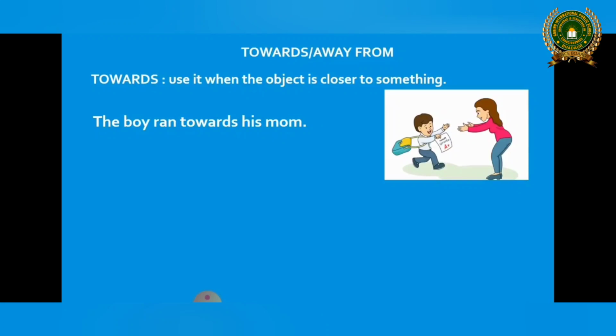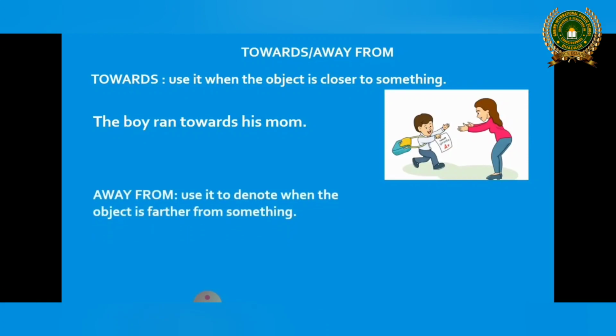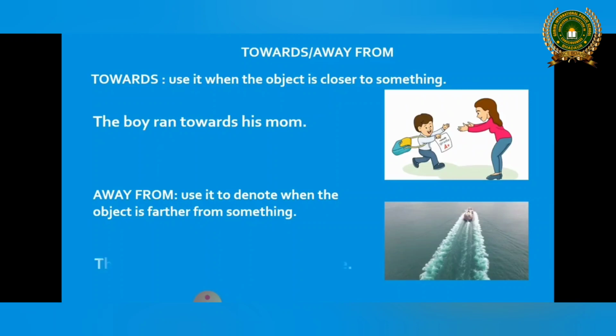So here we will use towards for the object or a person when it goes closer to something. Away from is used to denote when the object is farther from something. Okay, when something is going away. The ship sailed away from the shore. Okay, so here we will use away from, when a thing goes far off.